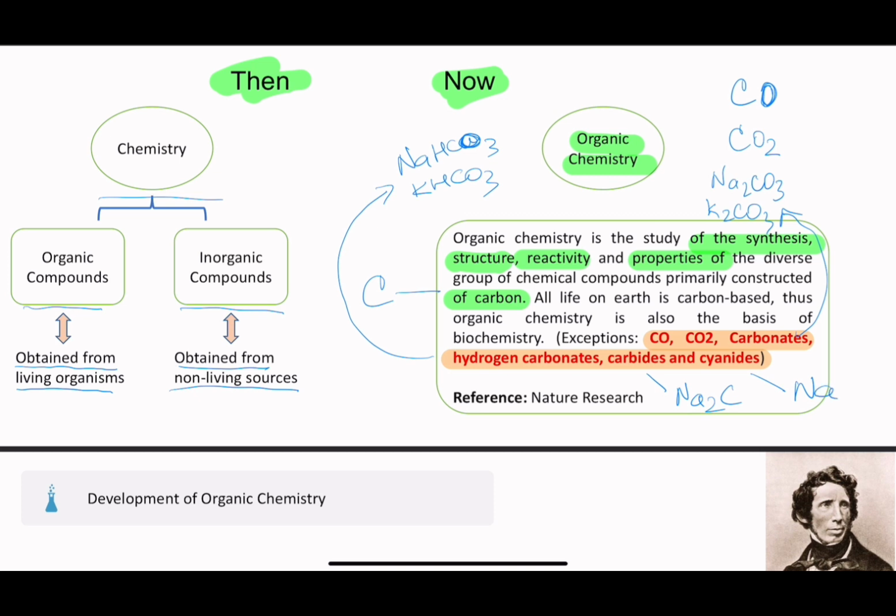I'm going to give you 2 cyanides, sodium cyanide or potassium cyanide. These are the compounds that have carbon in them, but they are inorganic ones. If you remember, we had it in our quiz. So these are the inorganic compounds that contain carbon.